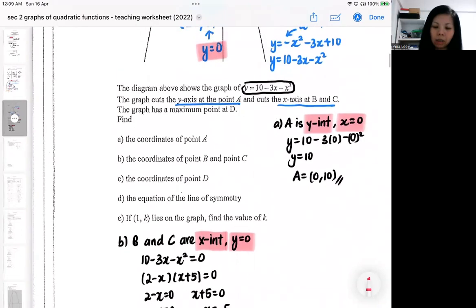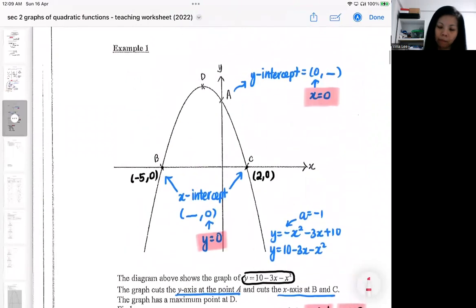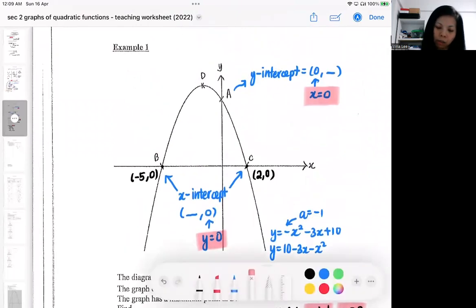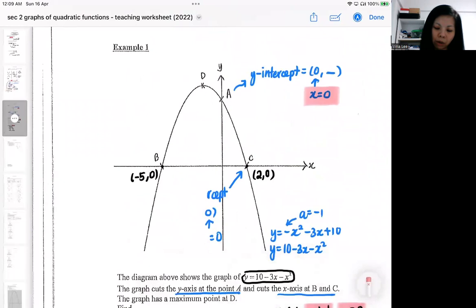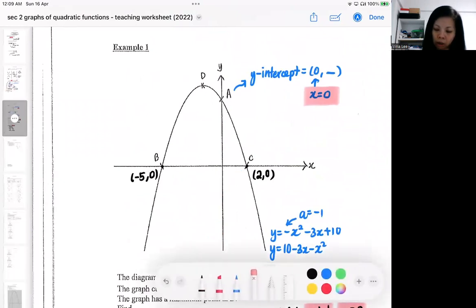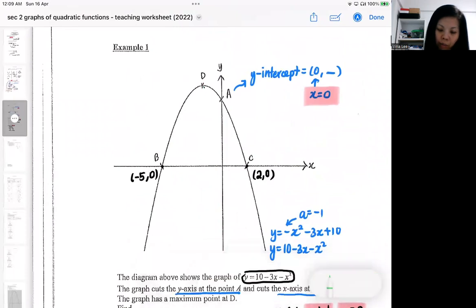Okay, the next one, D is the highest point. So highest point or lowest point, it is always symmetrical. There is a symmetrical property. So for a quadratic graph, it's always symmetrical.